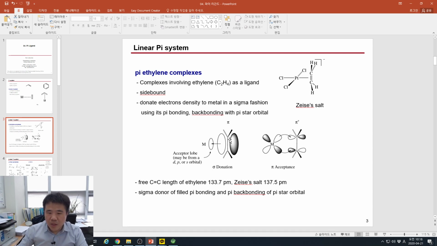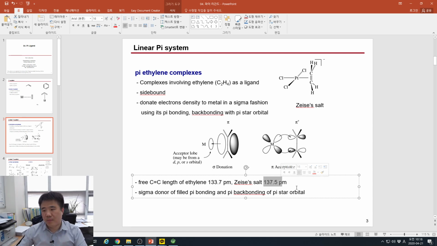The free CC double bond length is about 133 pm, but if the double bond coordinates to transition metal, the bond length is 137. Why? Because transition metal gives the electron to the pi star orbital, so the double bond gets electron density in the pi star orbital. So the bond strength should be weakened.